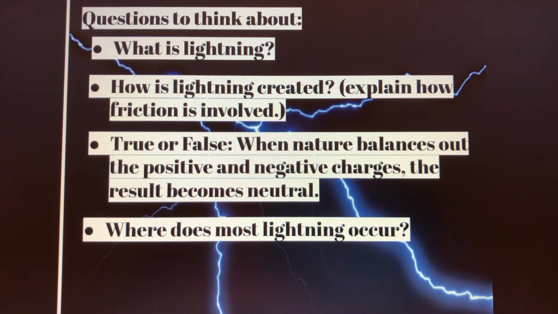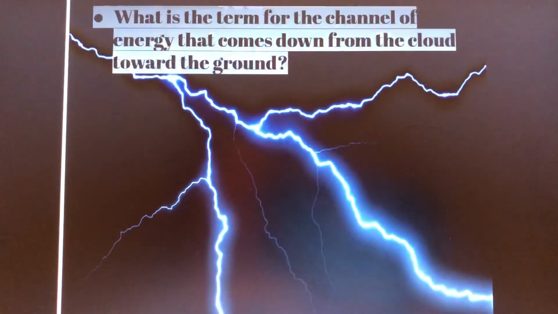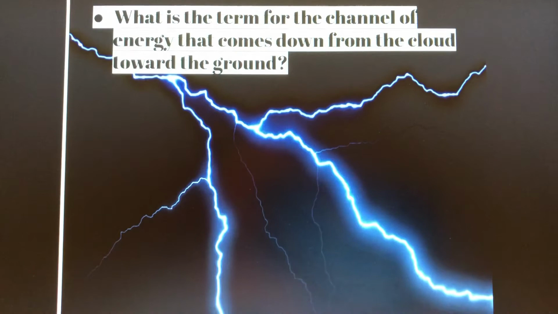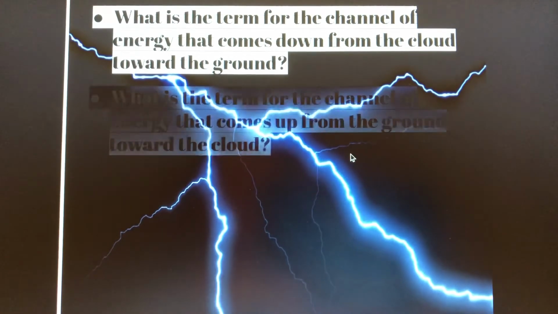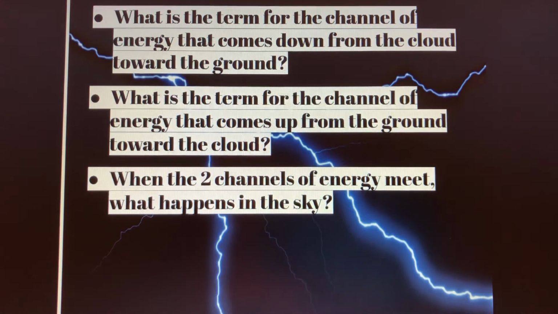Where does most lightning occur? How fast does cloud to ground lightning move? What is the term for the channel of energy that comes down from the cloud toward the ground? What is the term for the channel of energy that comes up from the ground toward the cloud? When the two channels of energy meet, what happens in the sky?